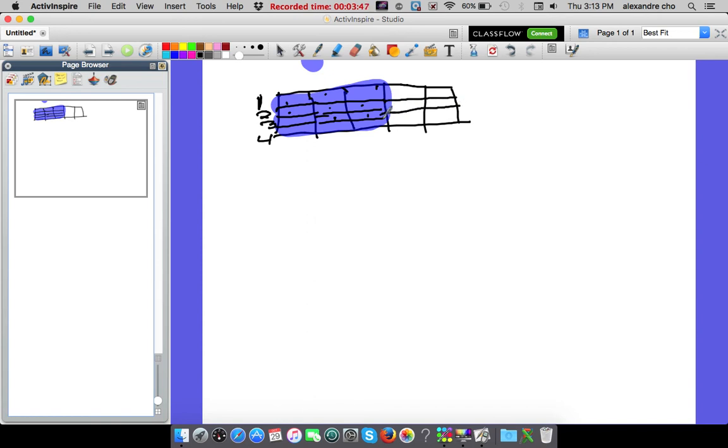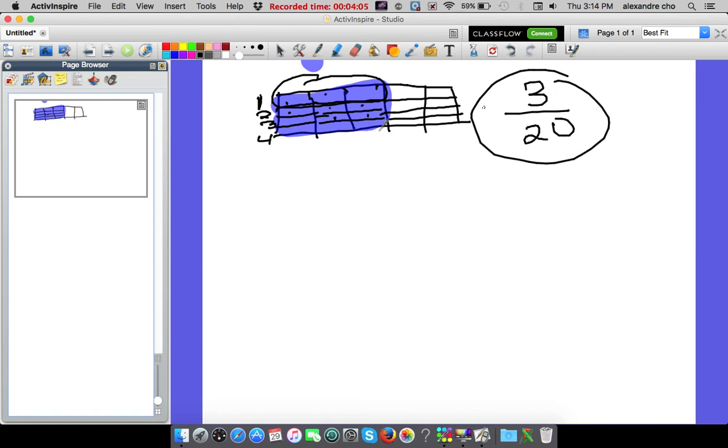Okay. So, first friend will get this much. How many will he get? He will get those 3 pieces, out of a total of 1, 2, 3, 4, 1, 2, 3, 4, 5 out of 20. So each friend walks out of there with 3 out of 20 pieces.